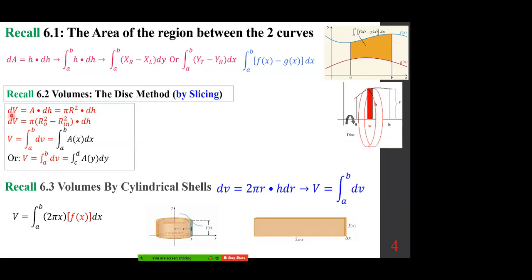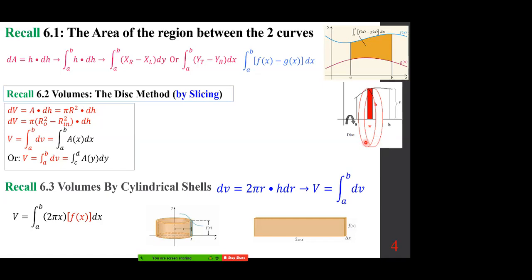I'm going to call it dV, which is the area times dh. The area is the area of the disk. The disk gives you the area in the form of a circle, so it's pi r squared. dh is the thickness of that, which gives rise to its volume. That is obviously either dx or dy.